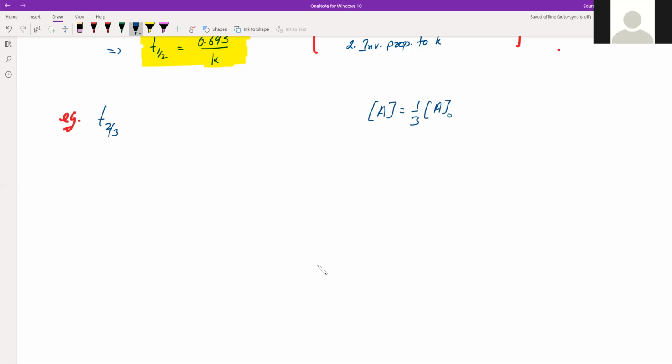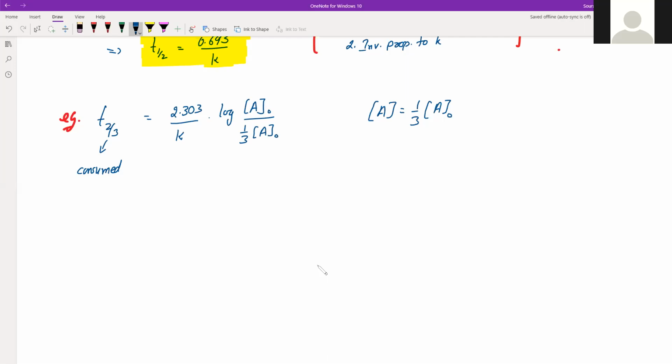So this T 2/3, that is when 2/3 is consumed, will be equal to 2.303 divided by K, if it is first order reaction, into log of initial concentration A0 and final concentration 1/3 of A0.